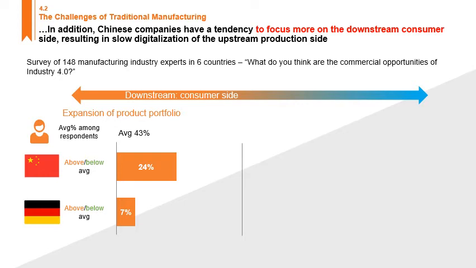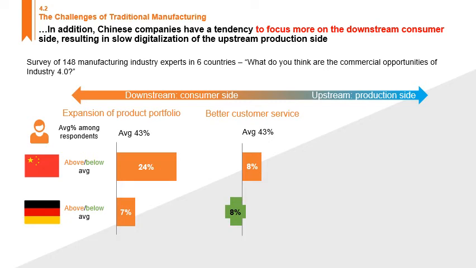So 24 plus 43%, that's about 67% of those in China manufacturers said that there is hope for expansion of product portfolio. Next, we talk about better customer service. China again says that there is more expansion for better customer service, which is 8% above the average.